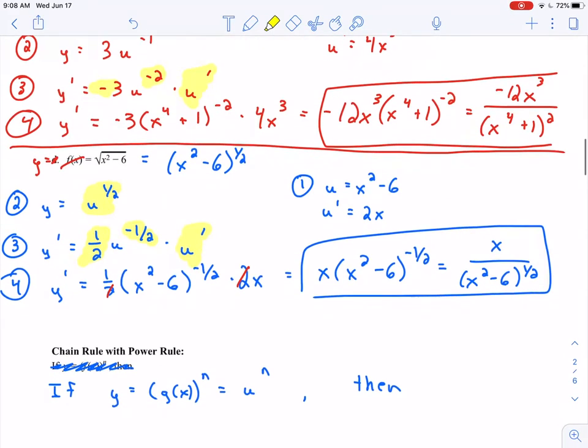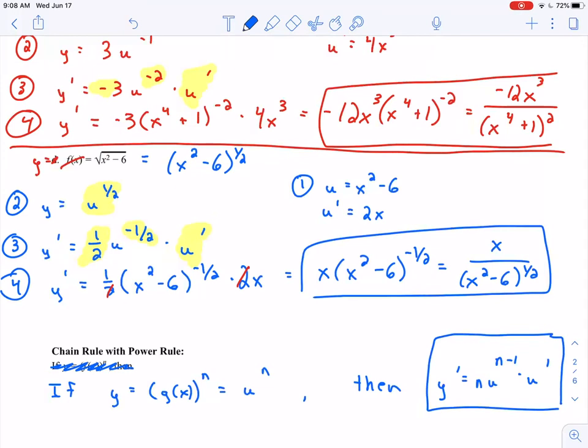So if I want to take the derivative of this function, y prime, what am I going to do? Well, I'm going to multiply by my power, n times u, subtract 1 from my power, so I should have u to the n minus 1, times u prime. So here is the general formula that I am going to use for the power rule.